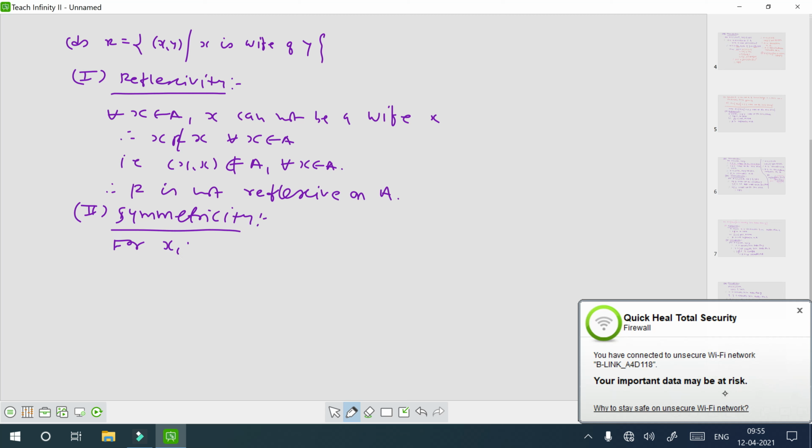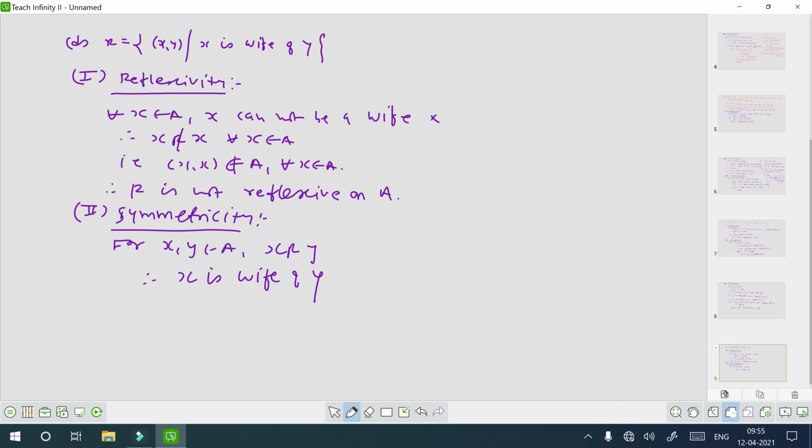For x, y belonging to A, x R y, and therefore x is wife of y, means x is female and y is male, and therefore y cannot be a wife of x, and therefore y is not related with x, and therefore R is not symmetric on A.